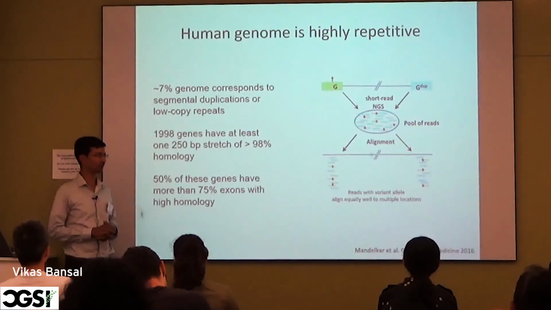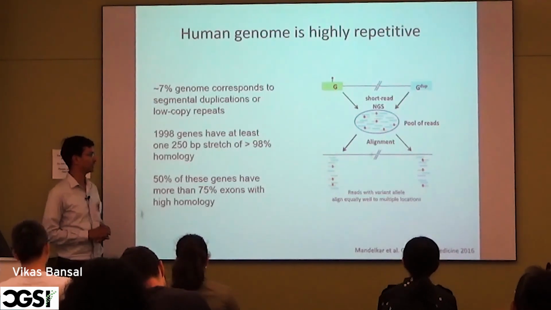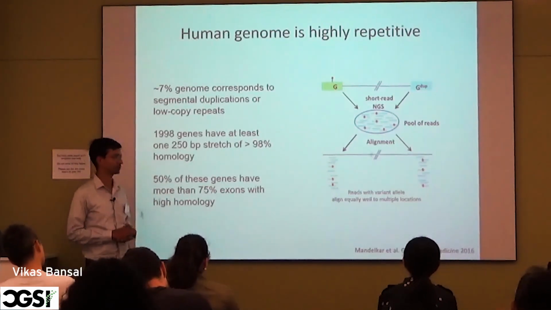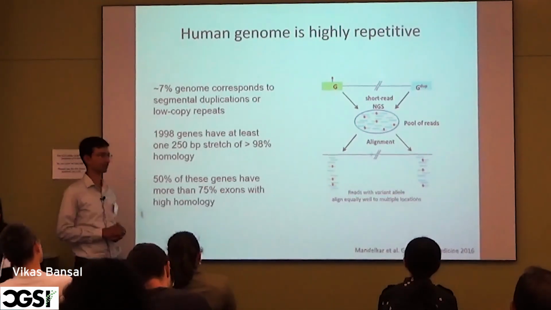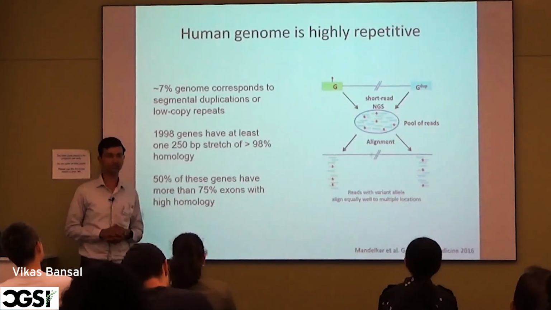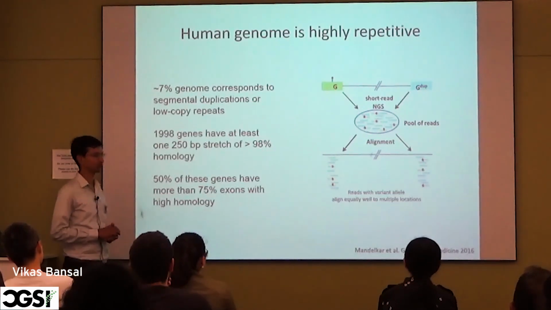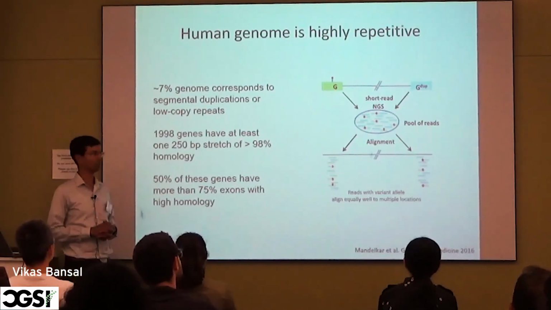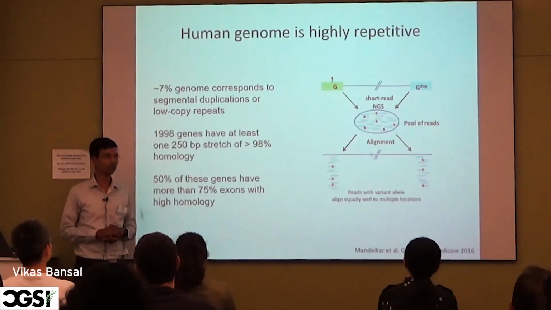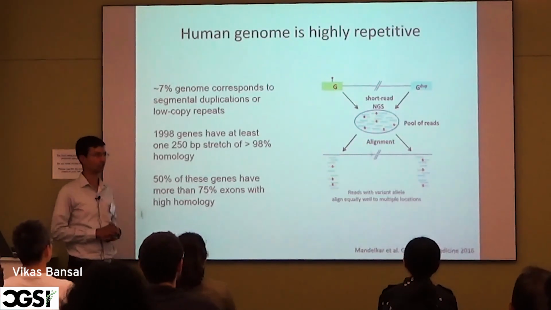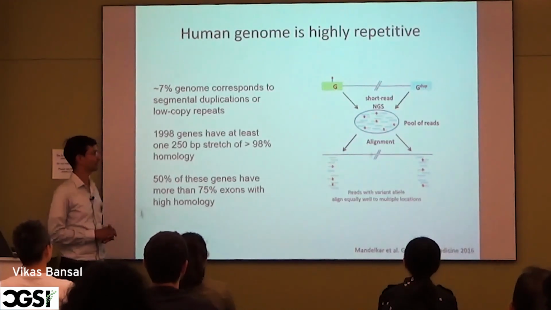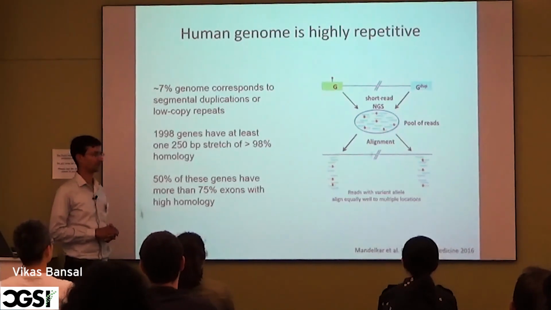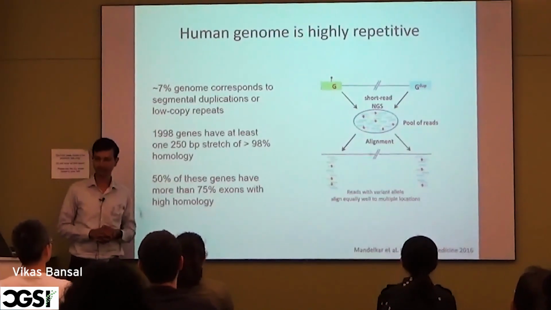These are problematic for short read sequencing because, if you look at the illustration on the right, if you have a long enough sequence G that has two very similar copies in the reference genome, then after short read sequencing, when you try to align the reads back to the reference genome, you cannot really decide whether to align the read to G or its duplication. So it's very difficult to do any kind of variant calling in these regions.